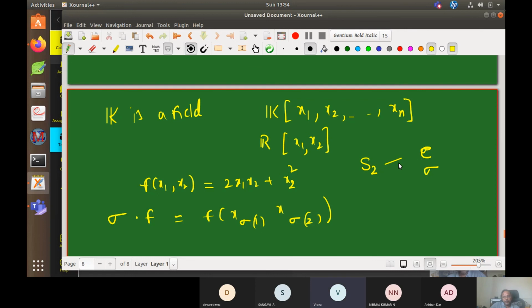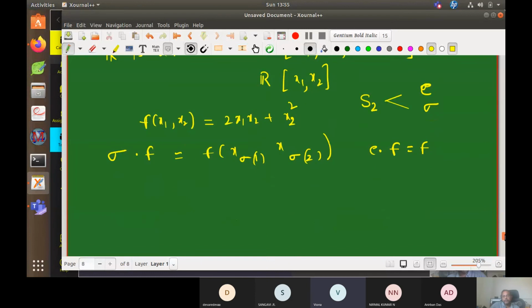What is identity dot f? 2x1x2 plus x2 square, the same f. Now what is sigma f? 2x2x1 plus x1 square. Is it the same polynomial as the original polynomial?